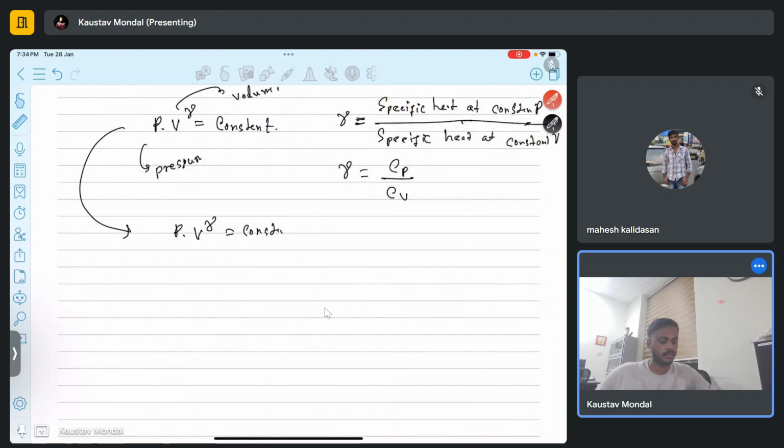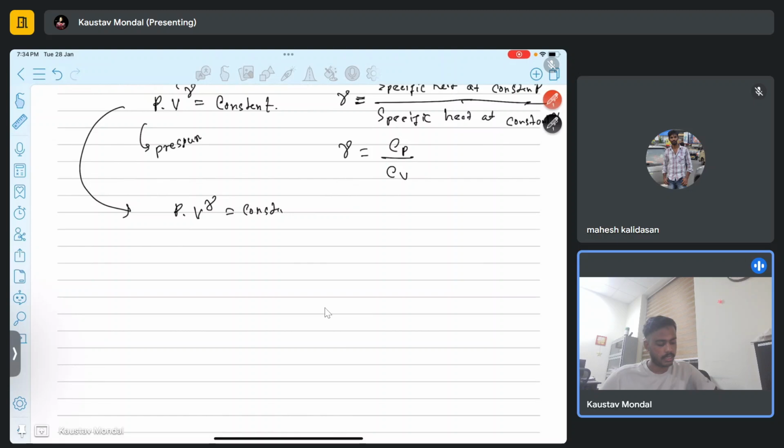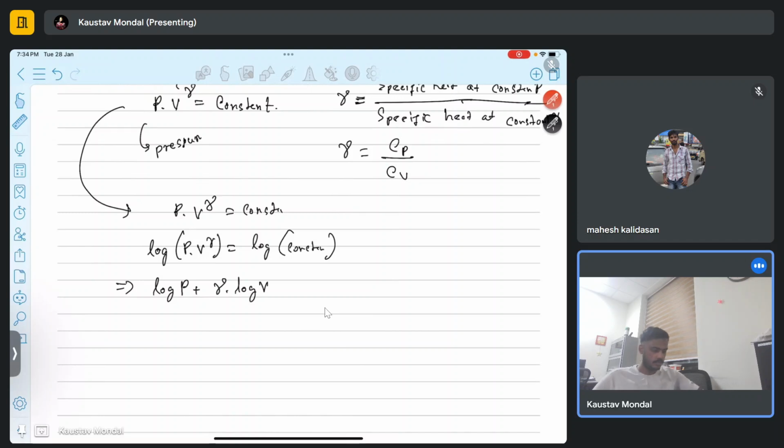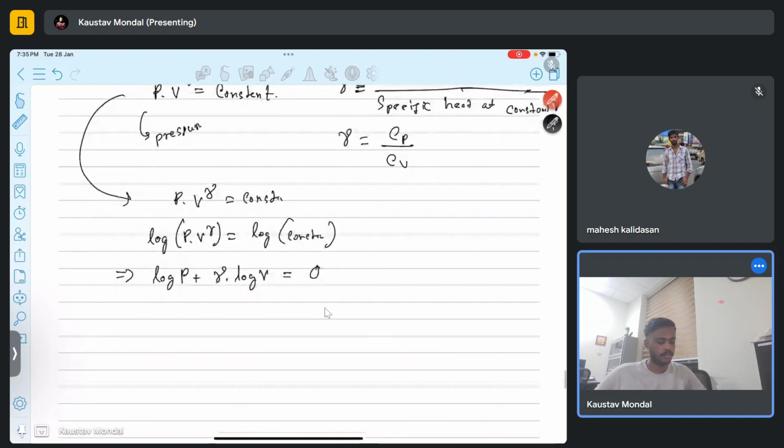Just take the log on both sides. So log of P into V to the gamma equals log constant. This gives you log P plus gamma into log V, which is equal to 0, because if you take log of a constant, it simply gives you 0.